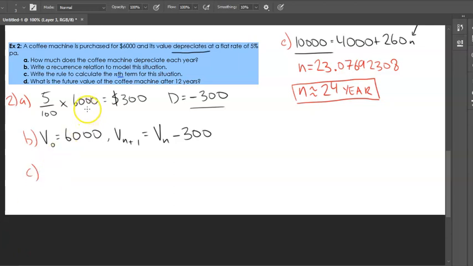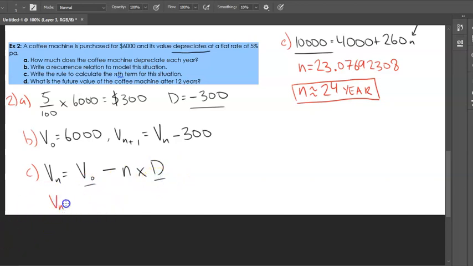C, write a rule to calculate the nth term for the situation. If we're going to write the nth term, V of n is equal to V of 0 plus or minus, in this case minus, n times the common difference d. Now we know what our initial is and we know what the difference is, so we can just replace that accordingly.